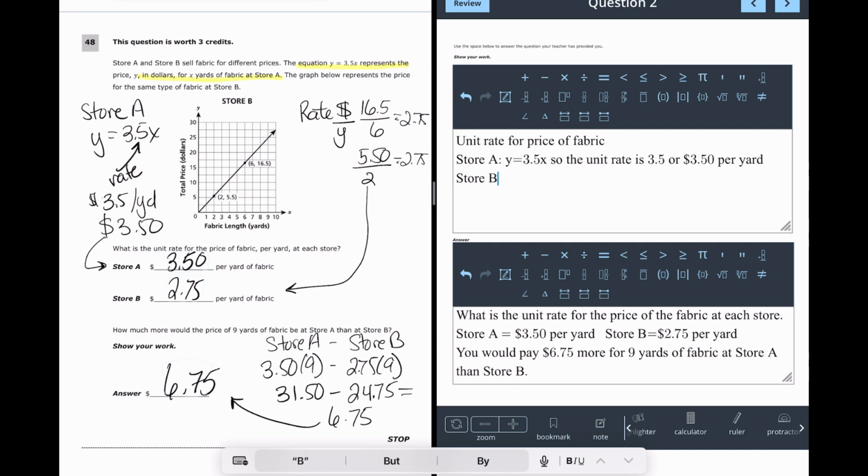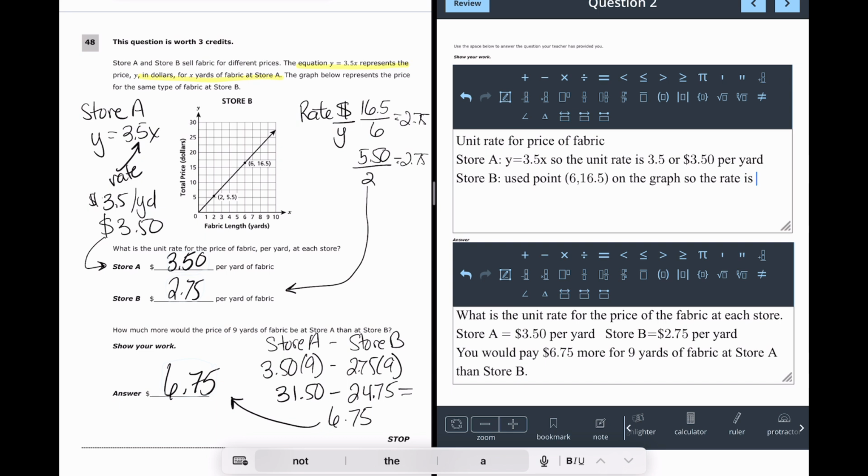Here's store B. I used a graph, used a point, and again, it doesn't matter which one. I don't have to do both, but I'm going to use a point. Let's say I used 16.5 on the graph.